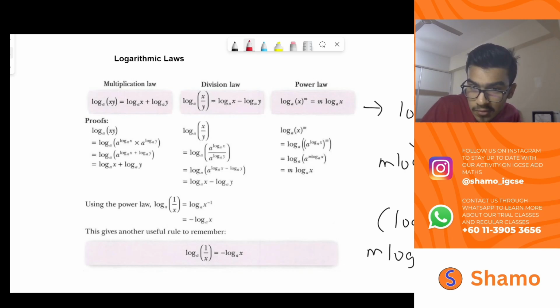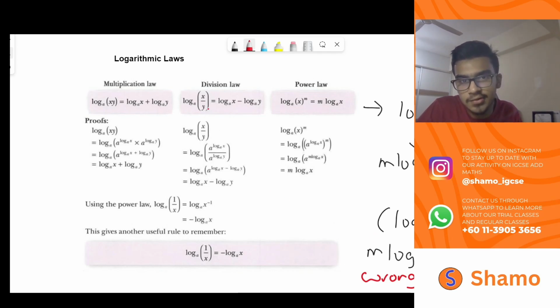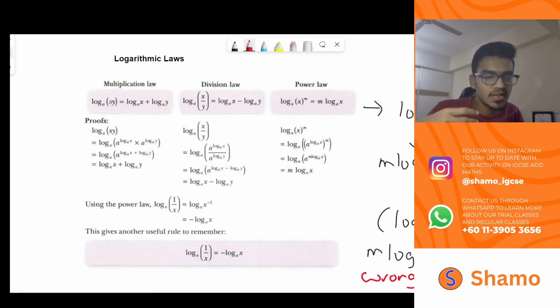Nope, this will not work. It will only work if x has the power, not the whole thing. X must have the power. This is wrong. Many students can get that confusion, and that might result in you losing a bit of marks. So just be careful with that and memorize these 4 laws by heart, which shouldn't be that difficult because of the shortcuts I told you, and generally they aren't that hard to remember.